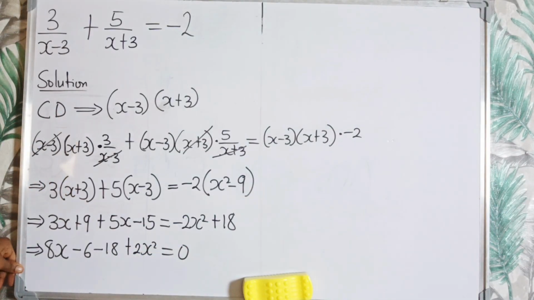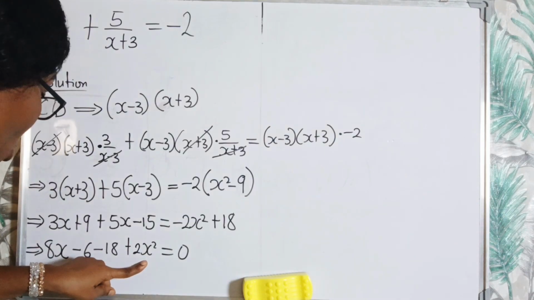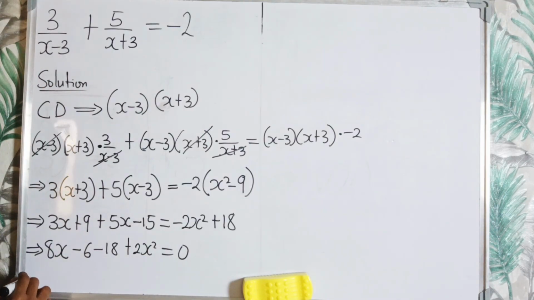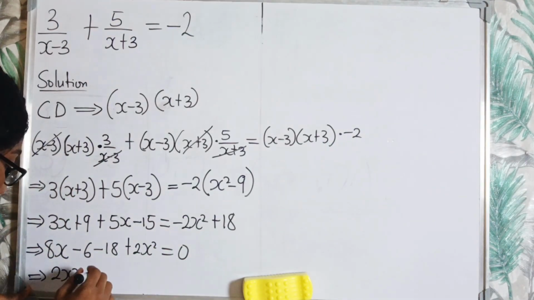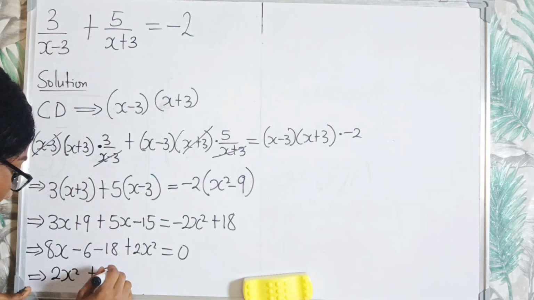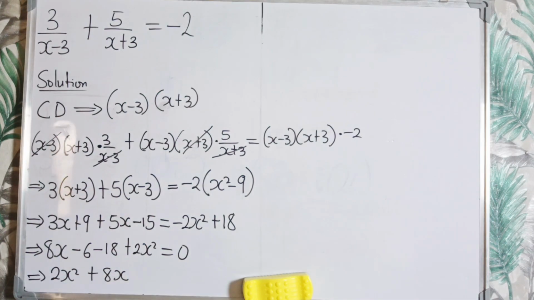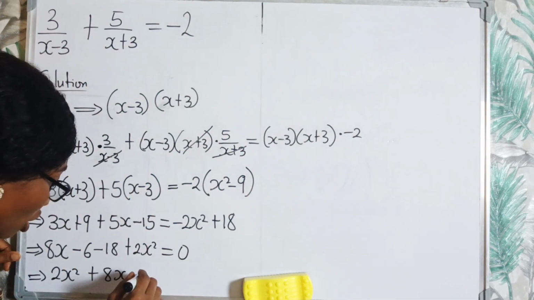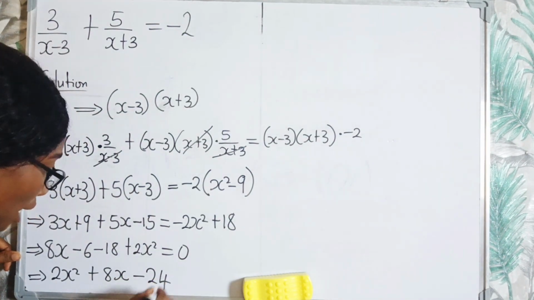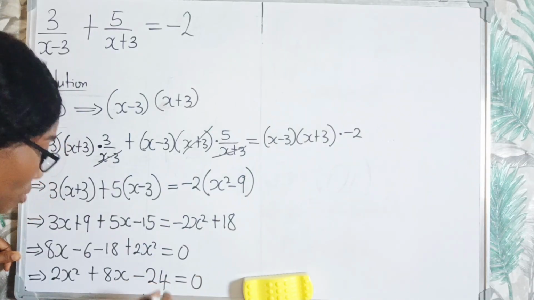But I can still rearrange this. Let's begin with 2x squared. So here we have 2x squared, plus 8x minus 24, and this is equal to 0.